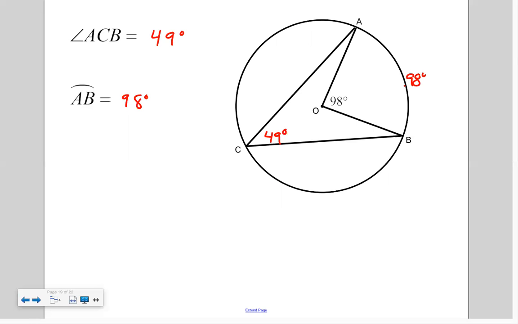I could draw it way up here. It's still going to be 49 degrees. It's all based on that arc measure, in this case 98 degrees. It's inscribed, therefore making it half that measure.